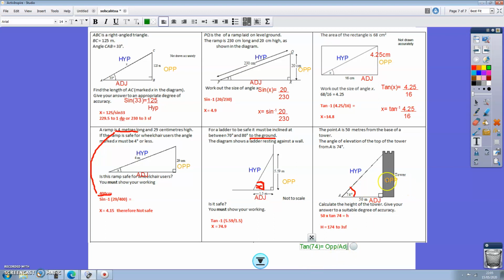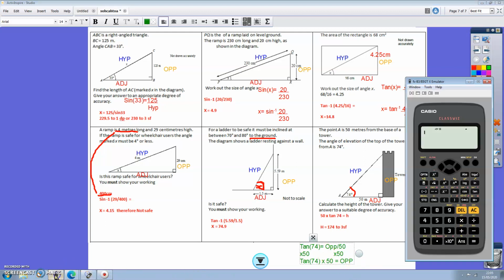The opposite is what we need to find. We know what the adjacent is. The adjacent is 50. And remember, to get rid of this, I've got to times both sides by 50. So I end up with tan of 74 multiplied by 50 equals the opposite.